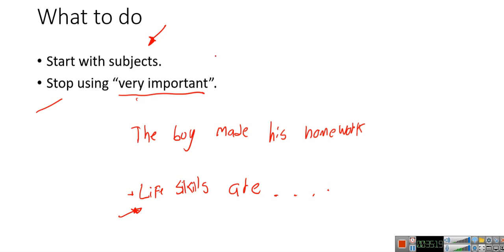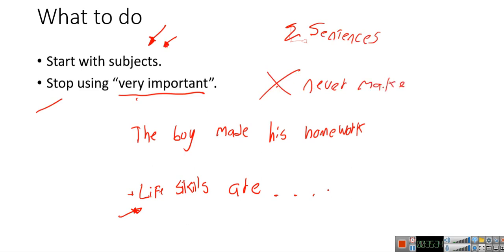The important thing is to start with the subject. And remember, make at least two sentences. Never make a one-sentence paragraph.